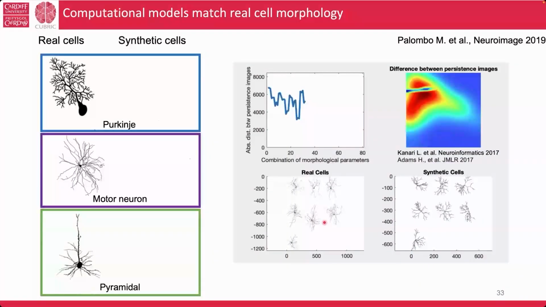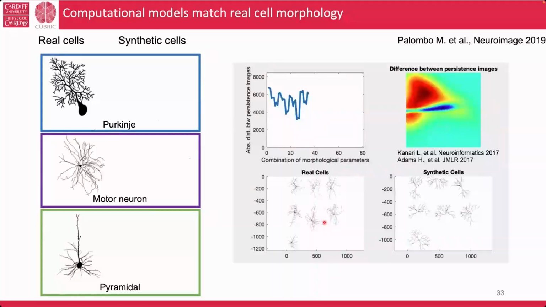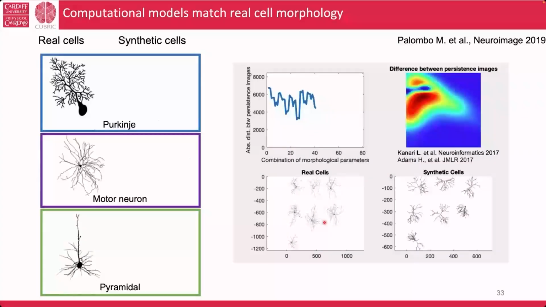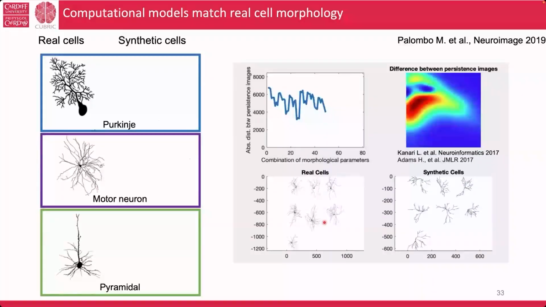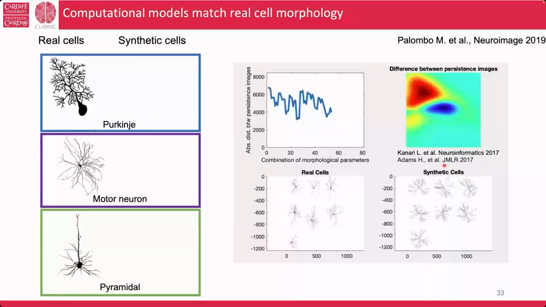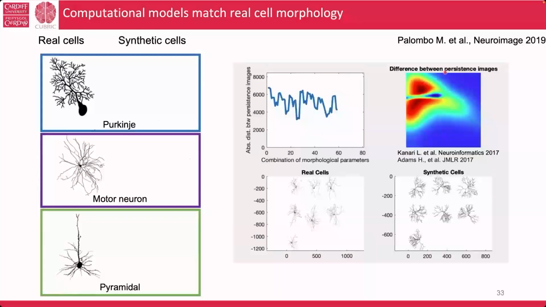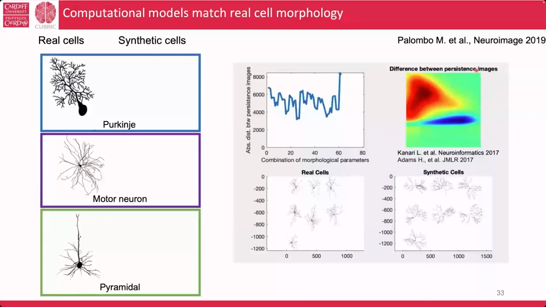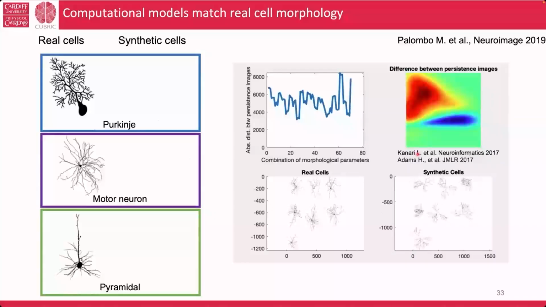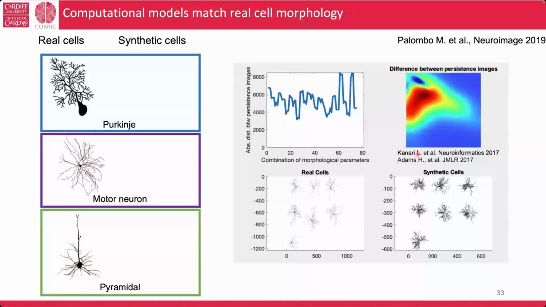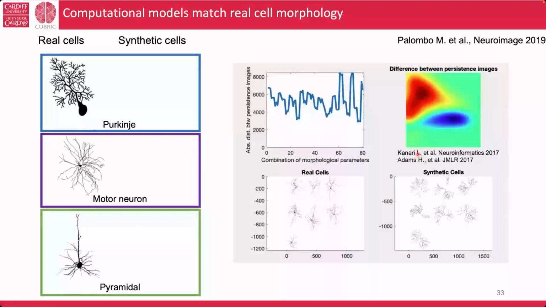And then we needed a metric to optimize. So we need a loss function to minimize when we want to learn, when we want to train our generative model. And so in this case, we used the persistence image introduced by Lida Kanari, which is a very elegant and convenient mathematical framework to characterize complex morphology of neurons.